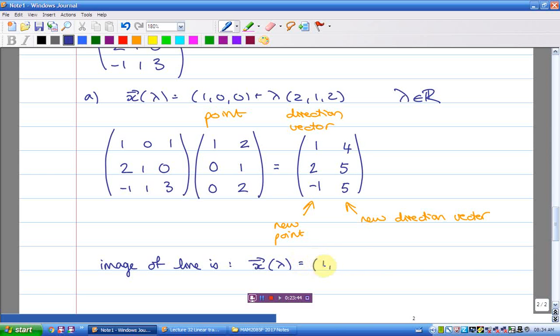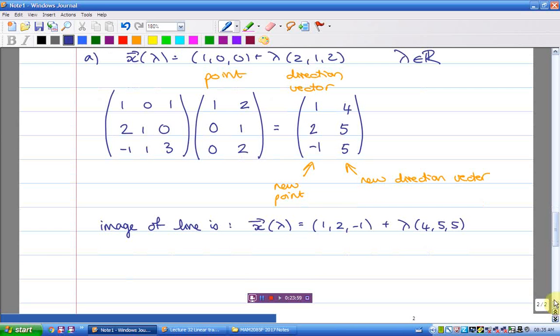Do we have to call it x because our original one is x? No, that's just our standard name for a generic vector. But you could call it something else. I would sooner change the parameter if you wanted to make it look different to the previous one. I would change the parameter rather than changing the x.